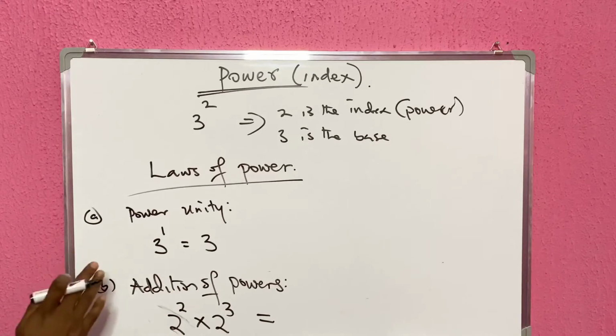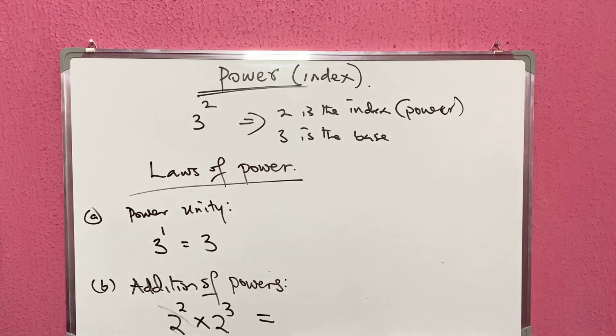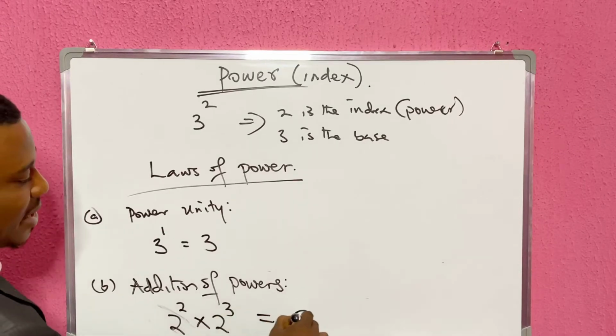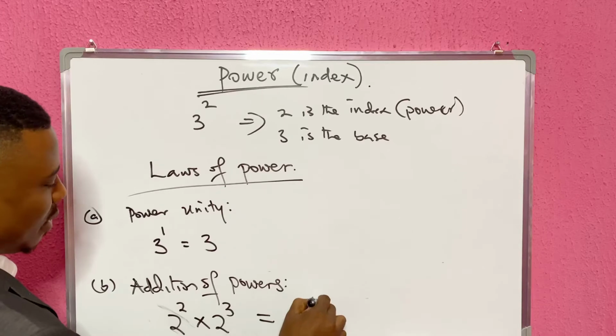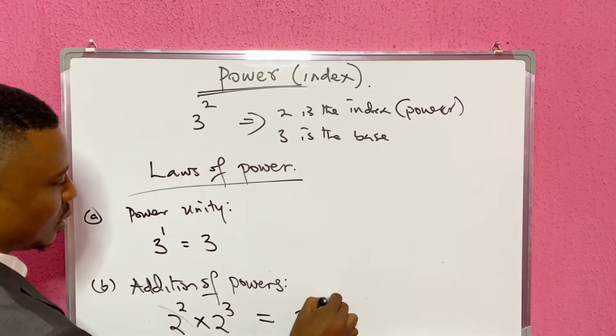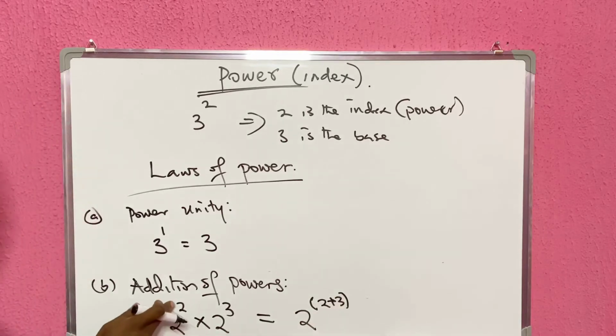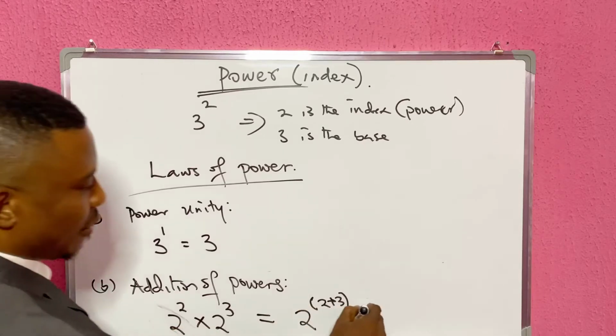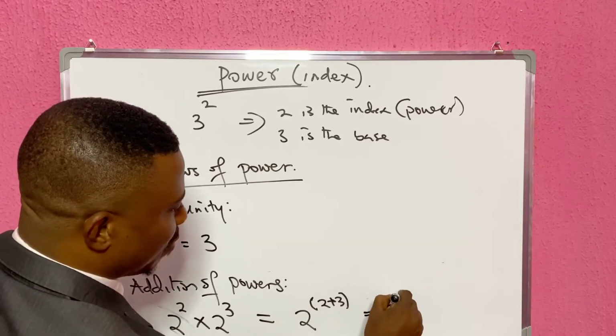That is a law guiding addition of powers. Since the base is 2, we will write the base and add up the powers. The power is 2 and 3, so we will add the power because it's multiplication to give us 2 raised to power 5.